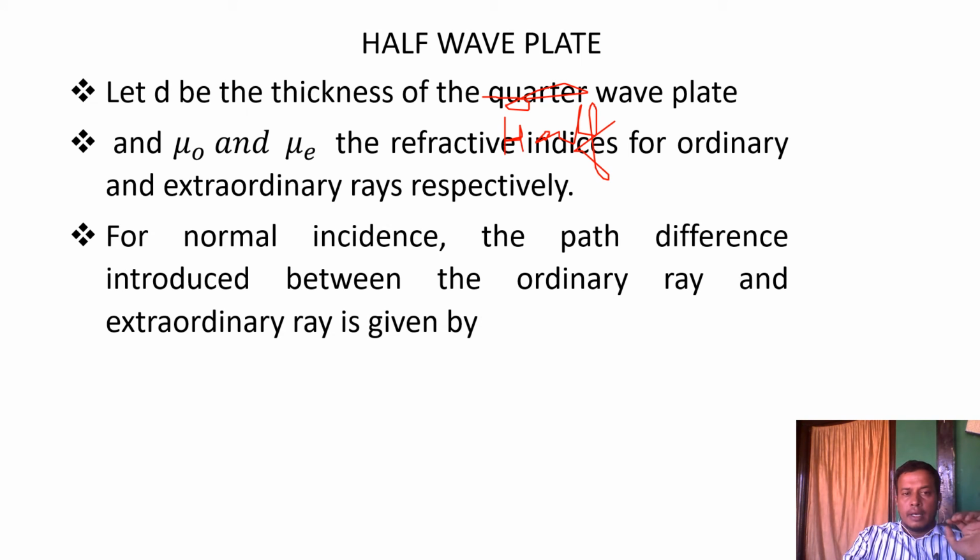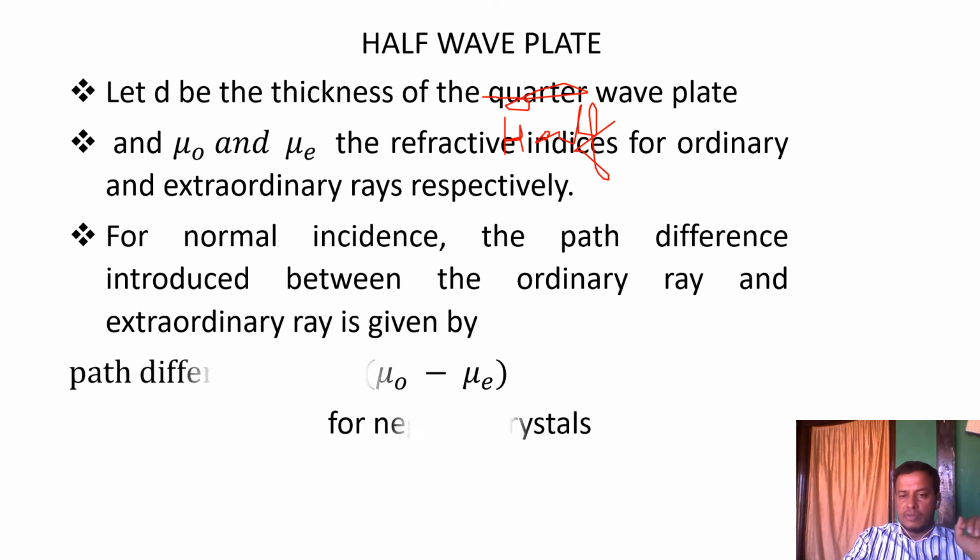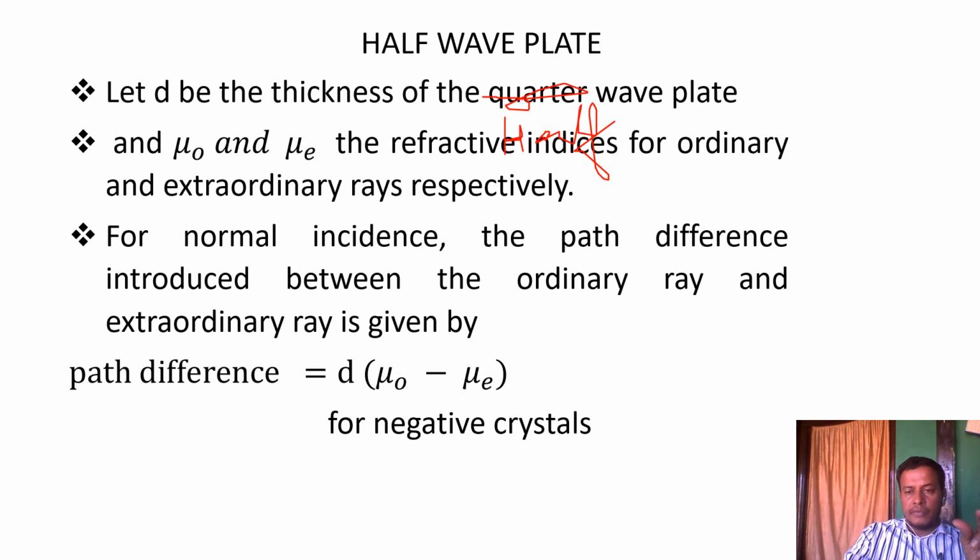So then for normal incidence, the path difference introduced between the ordinary and extraordinary ray is given by path difference equal to d into mu naught minus mu e, where d is the thickness, here not diameter, and mu naught minus mu e is the difference between the refractive indices of the ordinary and extraordinary rays, for a negative crystal.